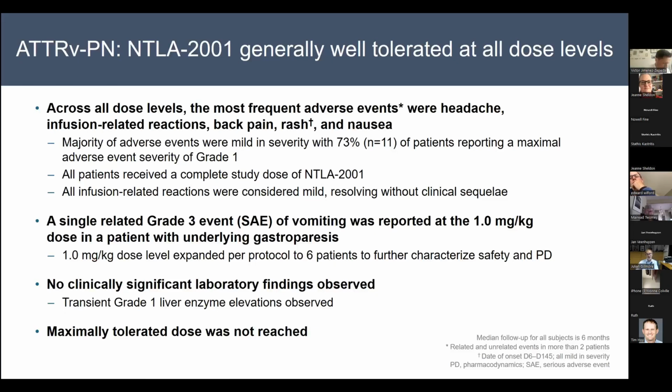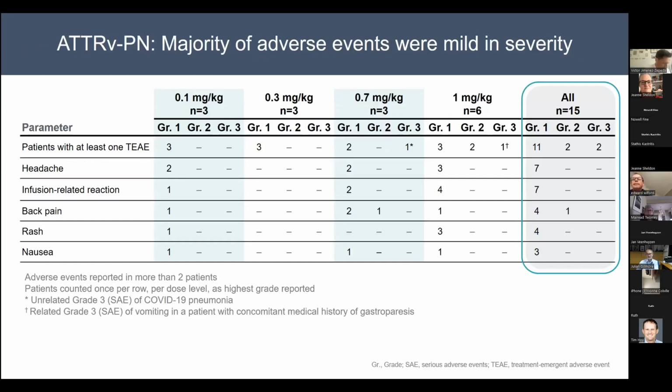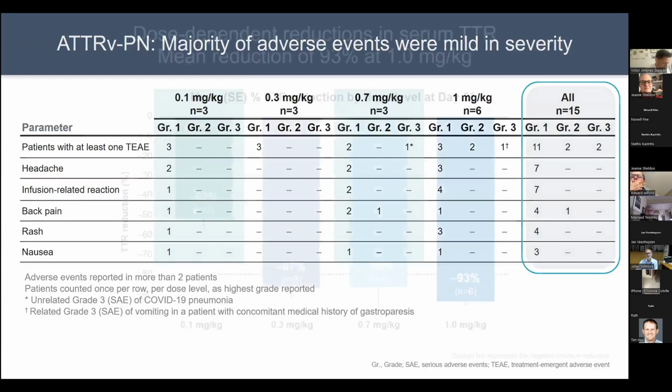There were no significant abnormalities of liver function or coagulopathy, and all the laboratory excursions were considered clinically insignificant. So here you see the list of AEs. As you can see, the most common AEs were mild and transient headache and mild infusion-related reactions, usually manifesting as fever or chills. As previously mentioned, all patients completed the NTLA-2001 infusion.